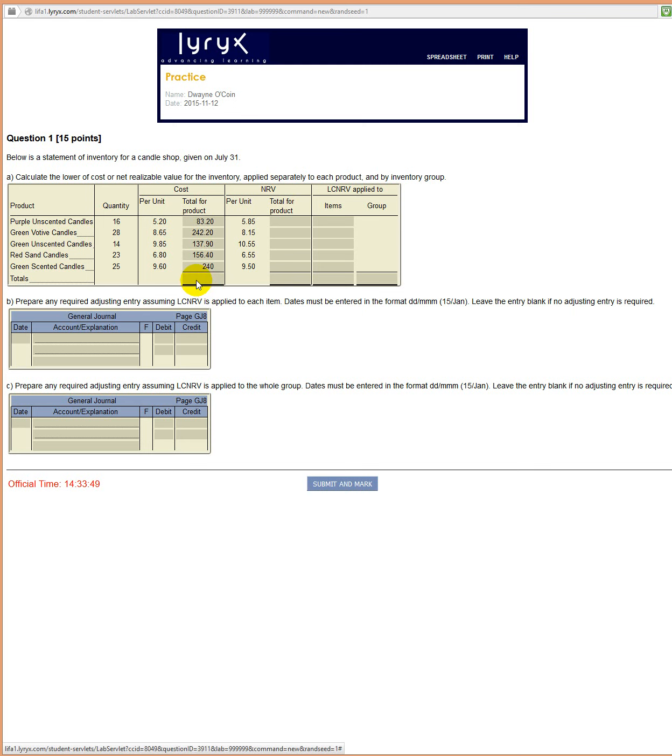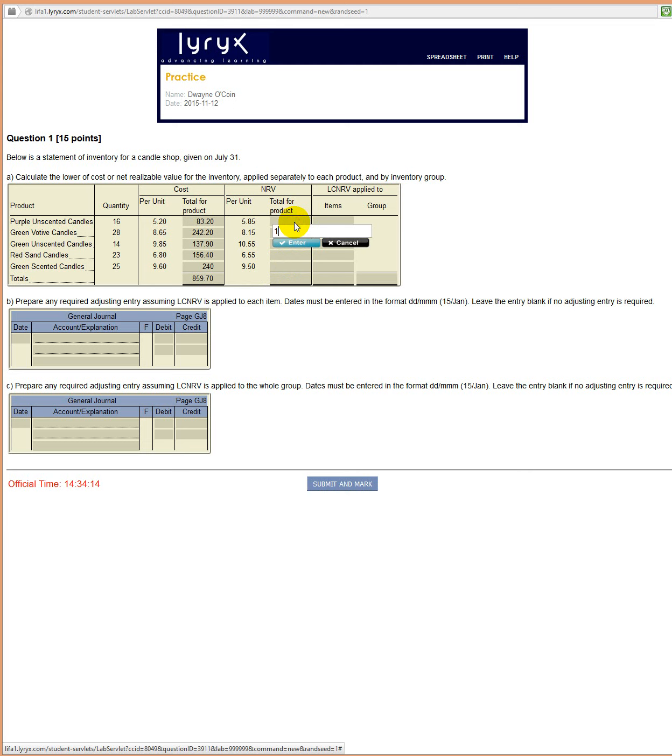Okay, and then we add those all up. And this can be the most challenging part of this question, I expect. So the total of all of our inventory in candles is $859.70.